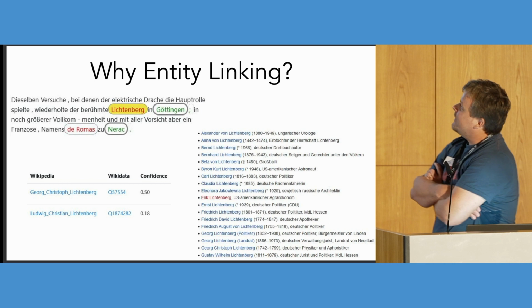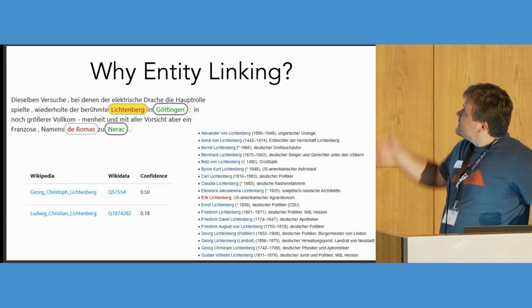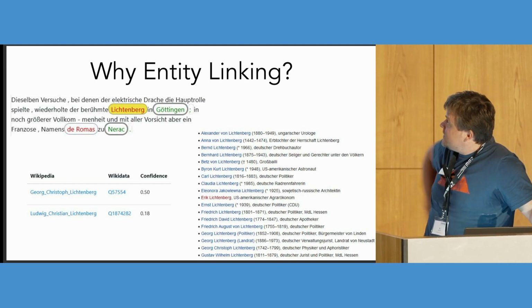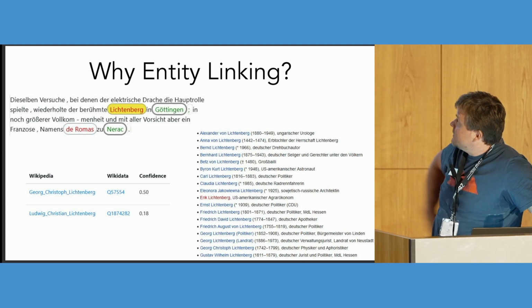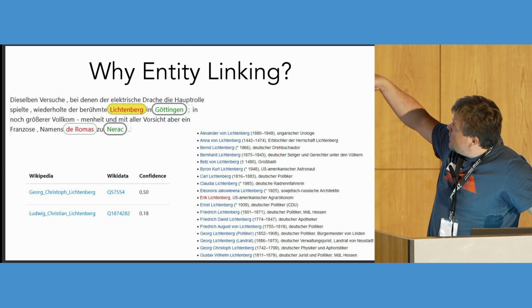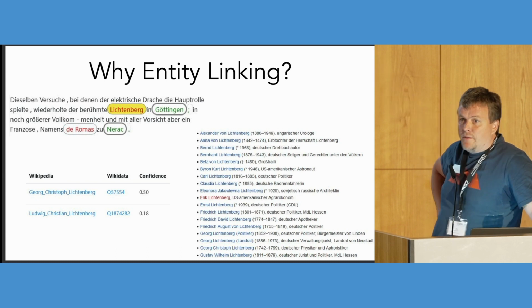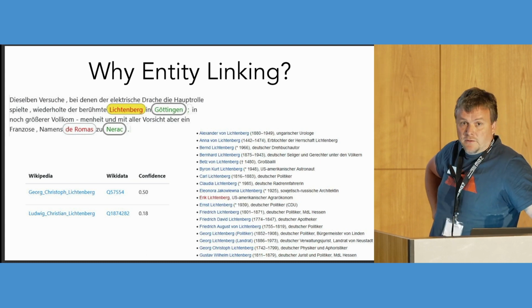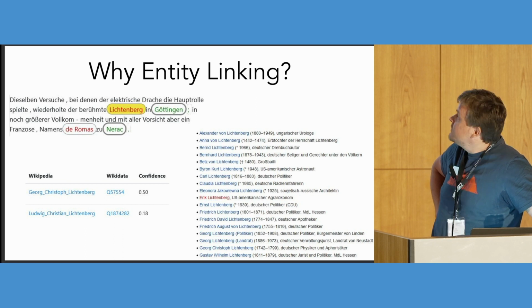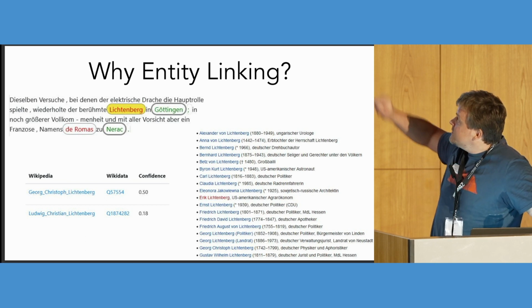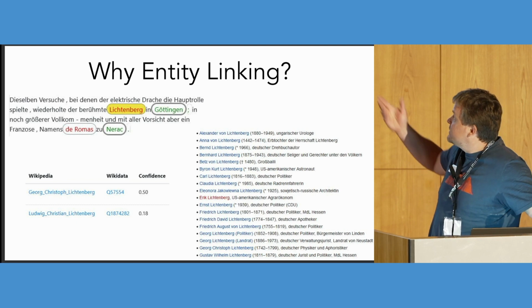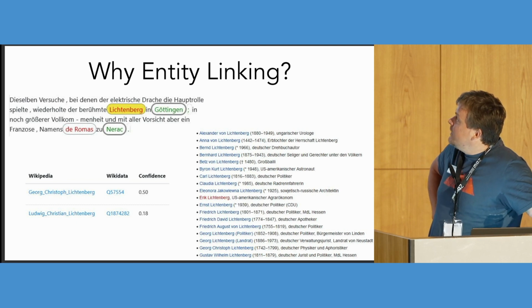Yeah, so let's consider this example. There is some sentence, and the red and green markup is what the entity recognition system did. So it said there are two persons mentioned in this text: a person named Lichtenberg and another person named de Romas.